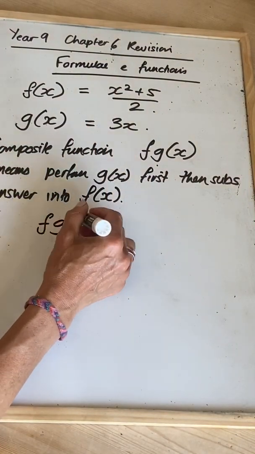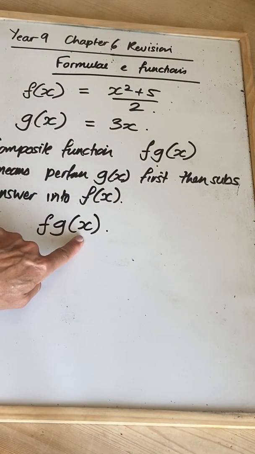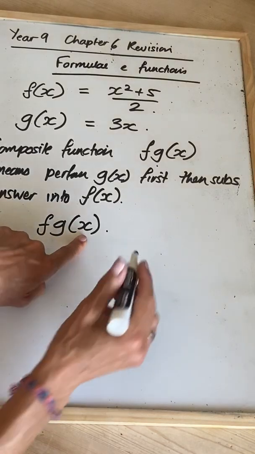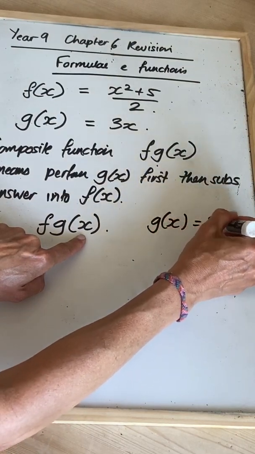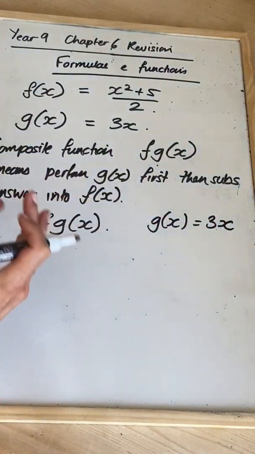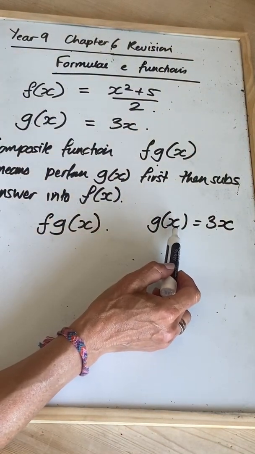So let's go back to fg of x here. Our first function, the one that is closest to the x value, is the g. So I'm going to say g of x is 3x. 3x is what has come out of my function when I've put x into it.